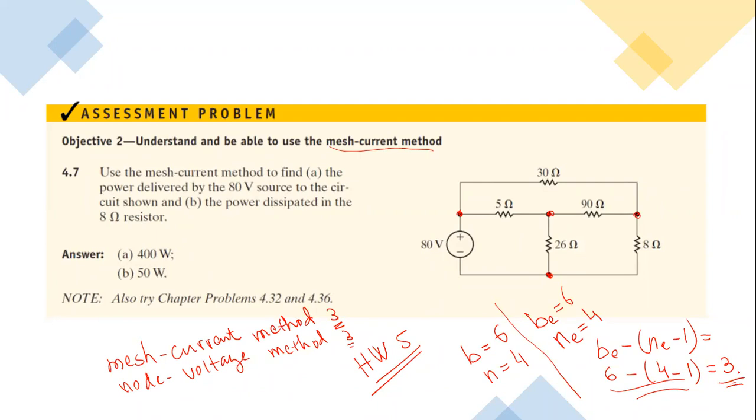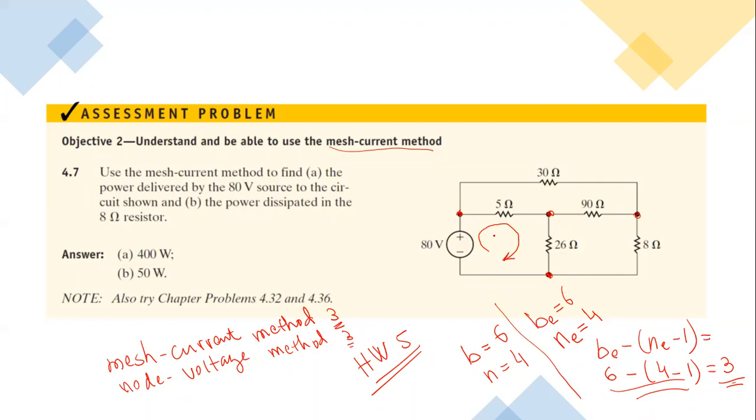According to our formula, we need to have 3 meshes. So where are the 3 meshes? Do you see them? Yes, I do. Okay, please describe one of them. I guess the bottom left would be negative 80, plus 5 IA, plus 26 IA.